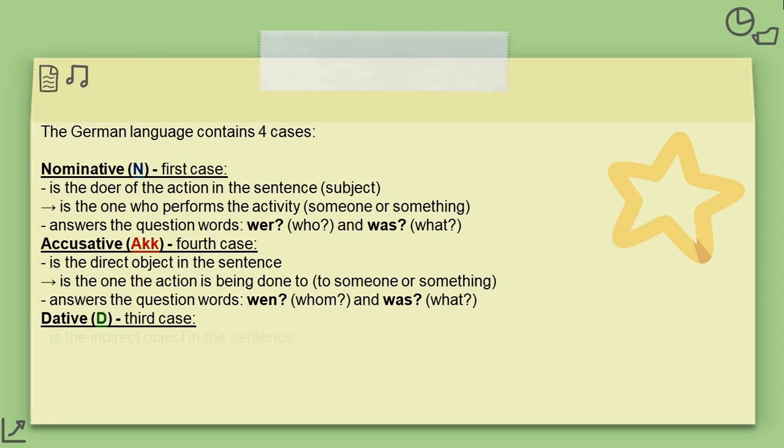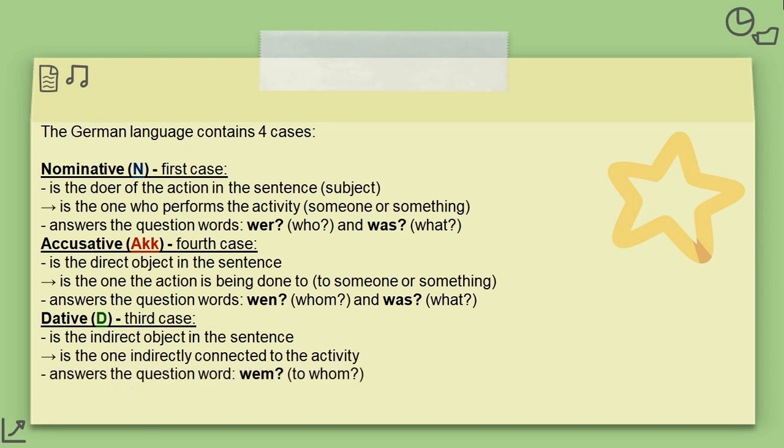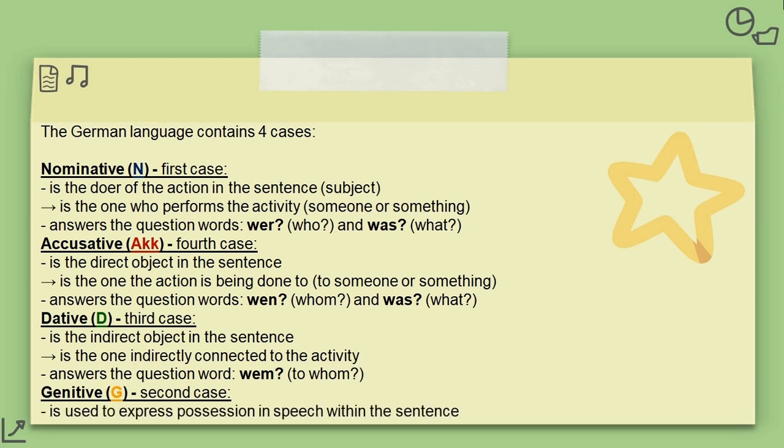Dative, or third case, is the indirect object of the sentence, and the dative is the one indirectly connected to the activity. It answers the question word wem, or to whom. And the last, genitive or second case, is used to express possession within the sentence. For genitive, we will learn in the B1 level.